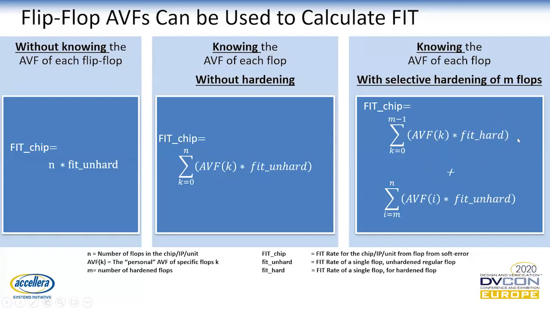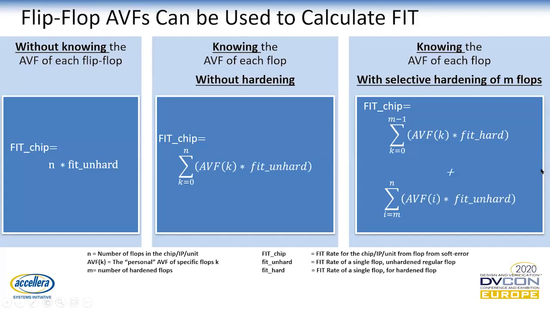So you can calculate the hardened flip-flops fit rate, and you can also calculate the unhardened flip-flops fit rate. For the hardened flip-flop, obviously the fit rate will be close to zero, so this term is very, very close to zero. And for this term, AVF is low, and the unhardened flip-flops fit rate will be multiplied with the AVF, which is a low number.